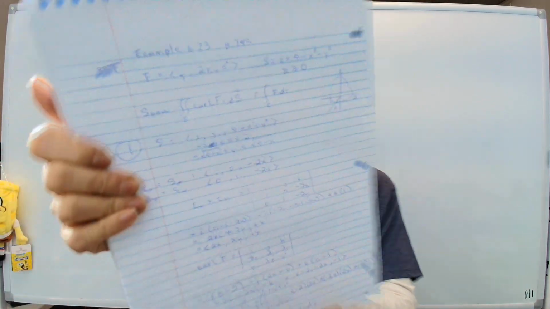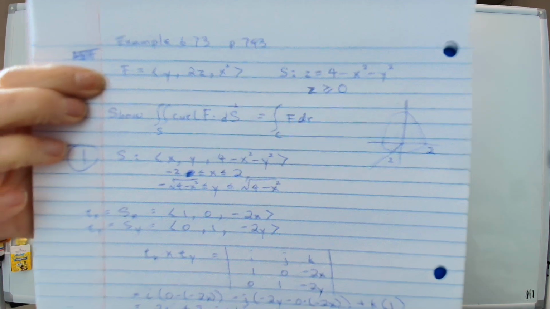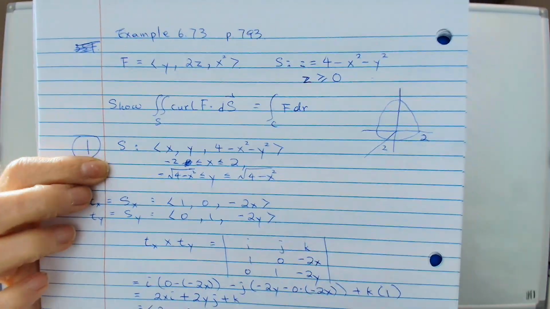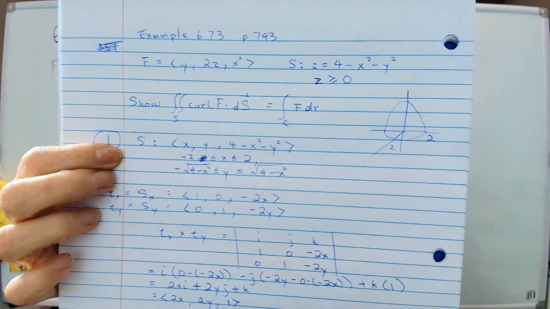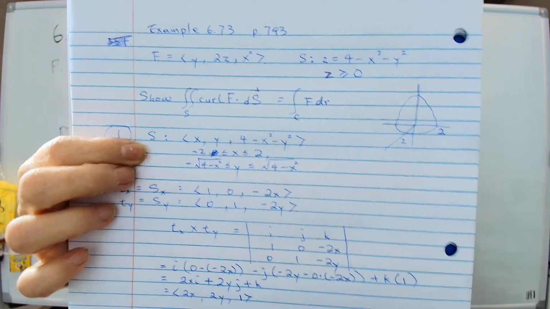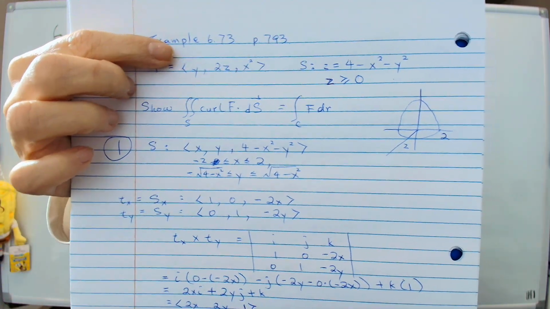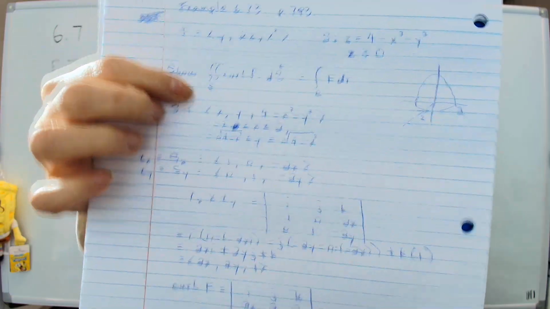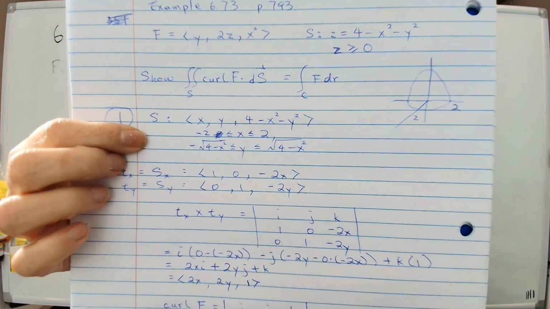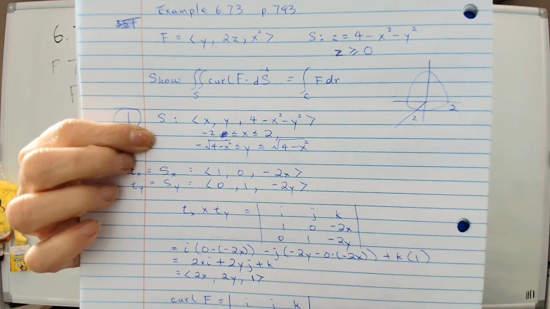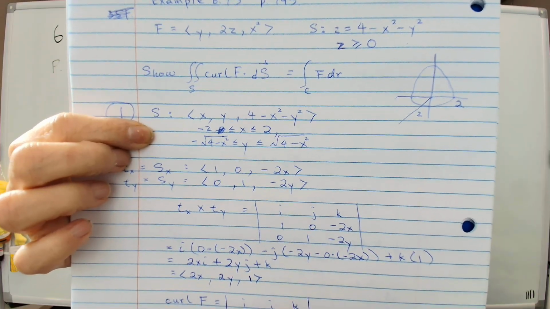Now to do that, the hardest and most unfamiliar part is parameterizing the surface S. S is given by z equals 4 minus x squared minus y squared. So we just parameterize it like that: x, y, and then plug z in there, 4 minus x squared minus y squared.